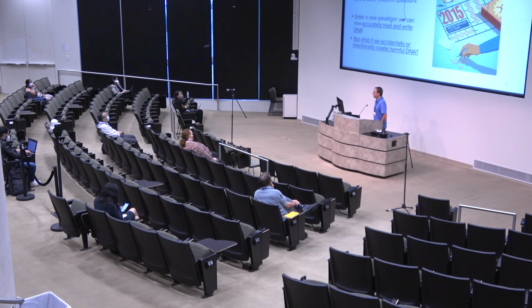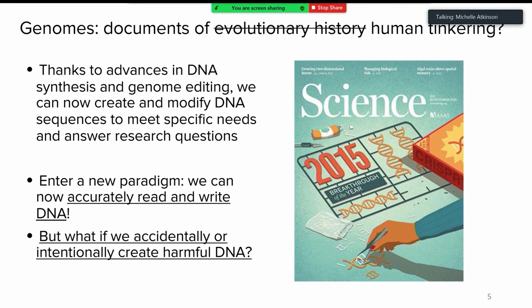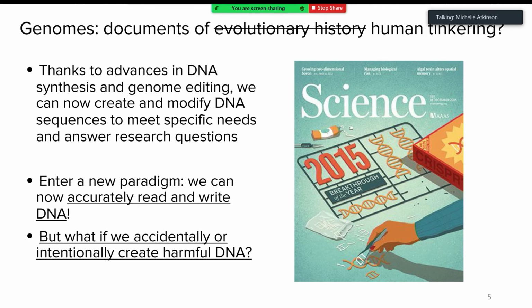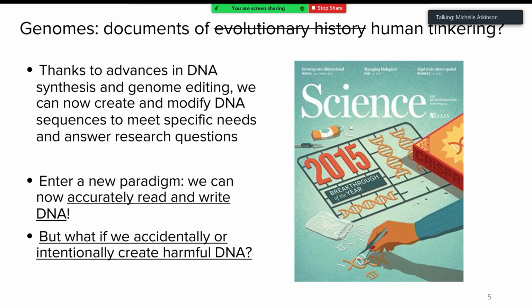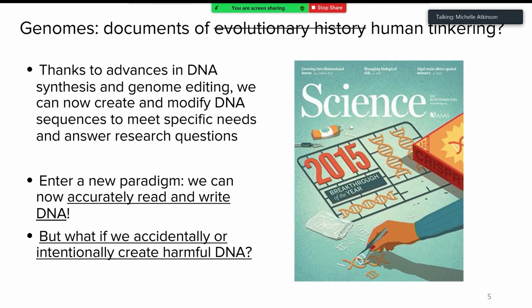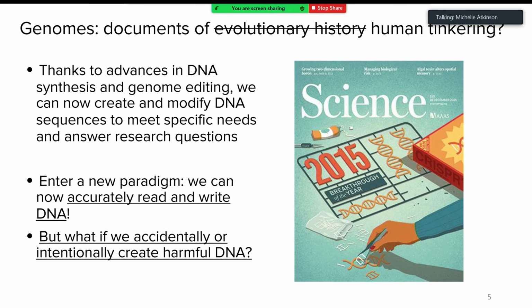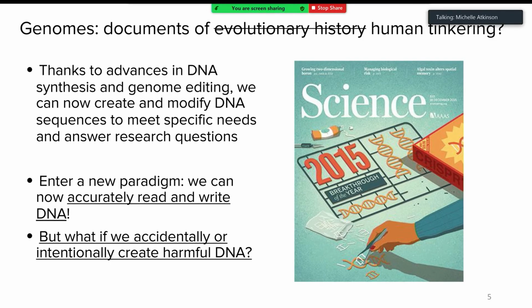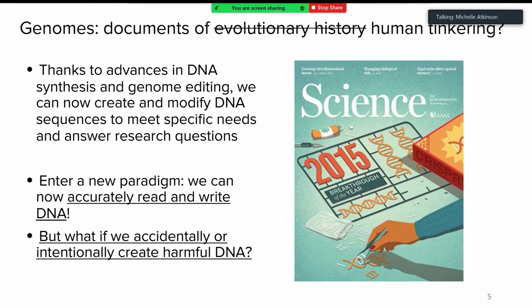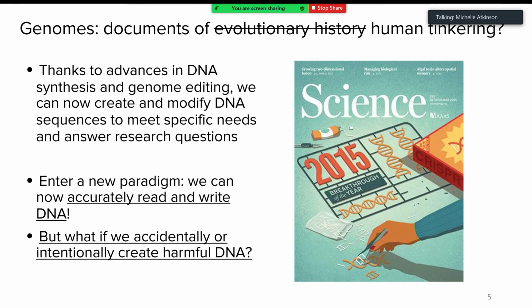But importantly, it's not just the ability to read DNA that has improved. We can now also write and edit DNA. These reading and writing improvements have happened over the past 20 years and beyond, so we live in a really specific moment in time. We have volumes of data available, and we can also generate our own data.